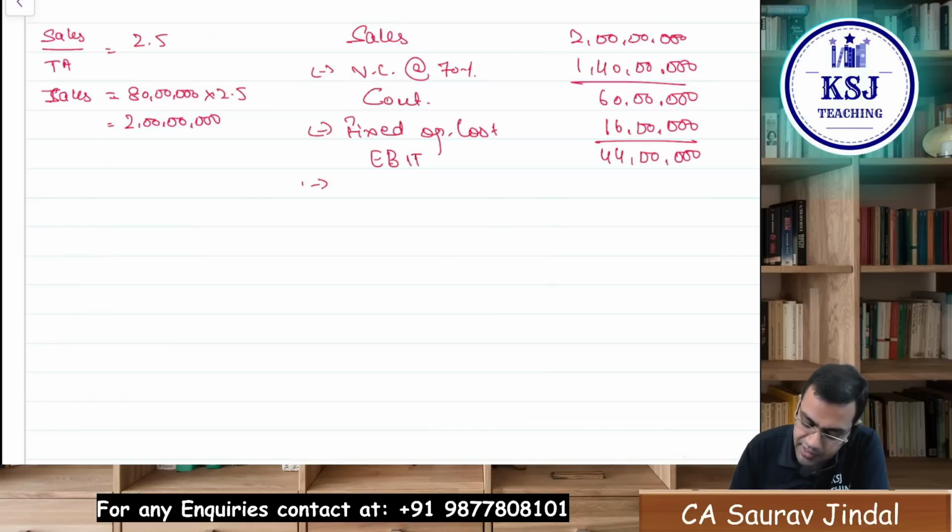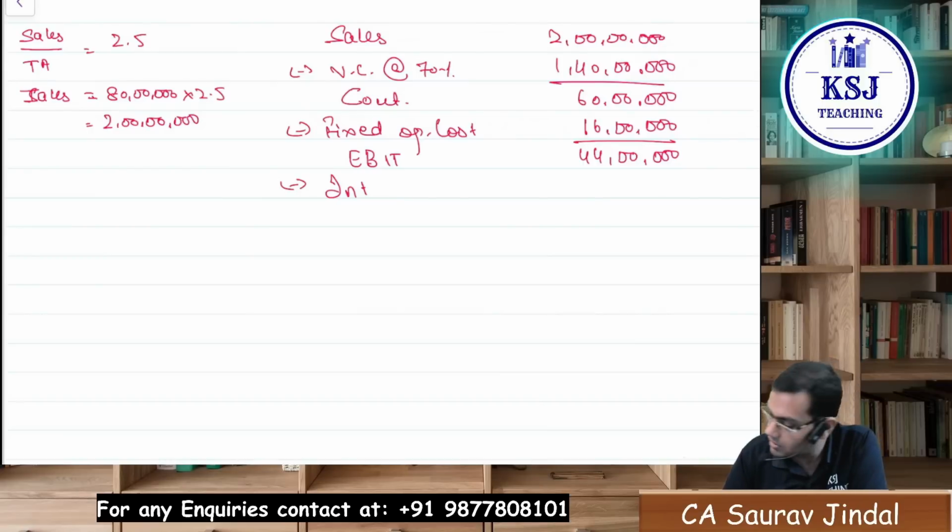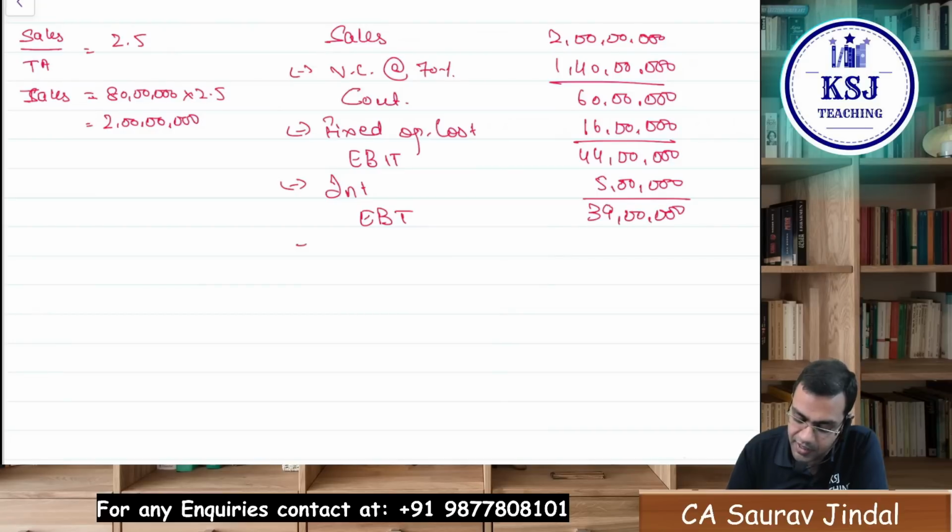From this EBIT, you will pay interest. Interest is how much? 12.5% on 40 lakhs. 12.5%, that is 5 lakhs. You will get EBT, that is 39 lakhs. On this EBT, you will pay tax.